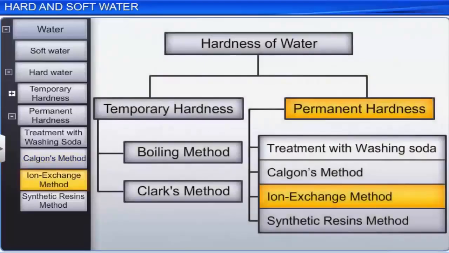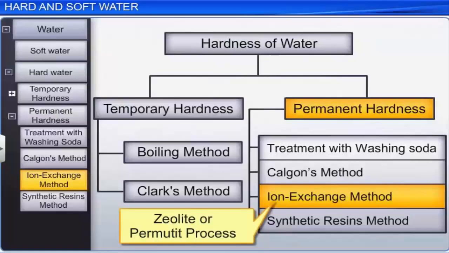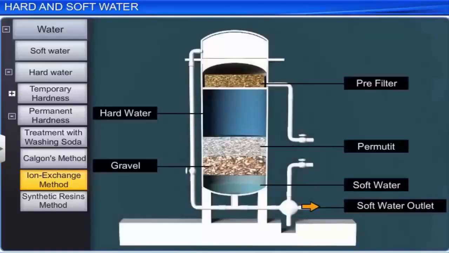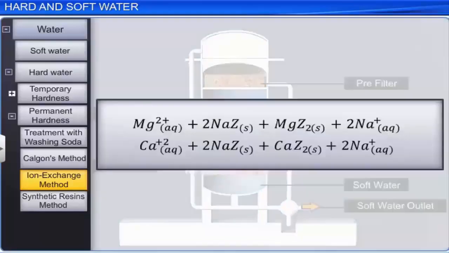In ion exchange method, also called the zeolite or permutit process, hydrated sodium aluminium silicate or zeolite, when added to hard water, exchanges cations such as magnesium and calcium ions for sodium ions.